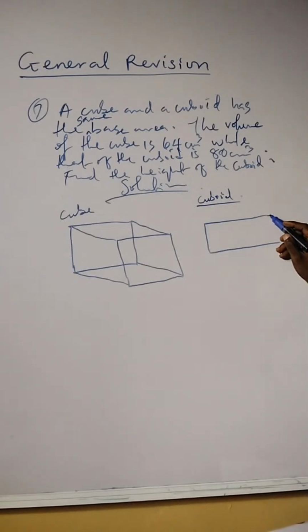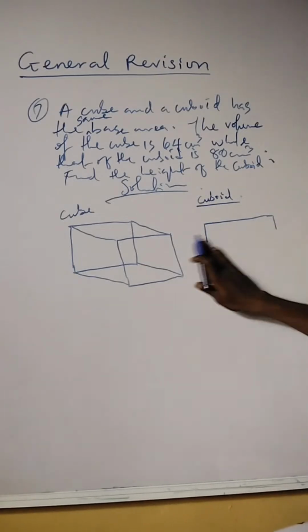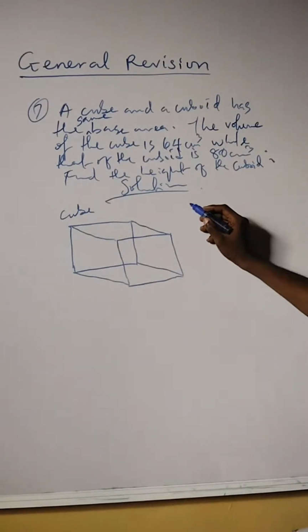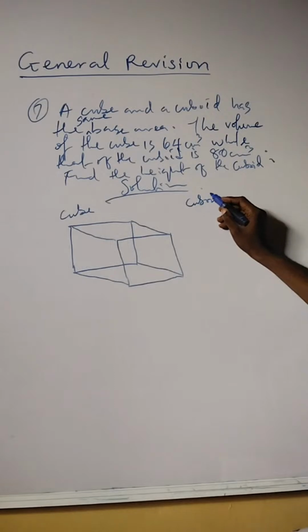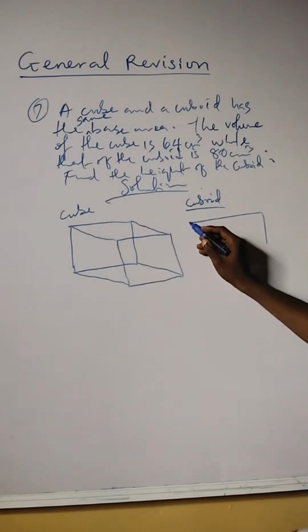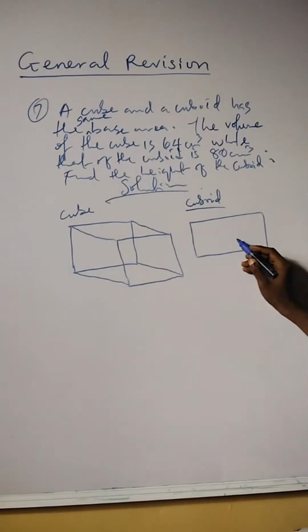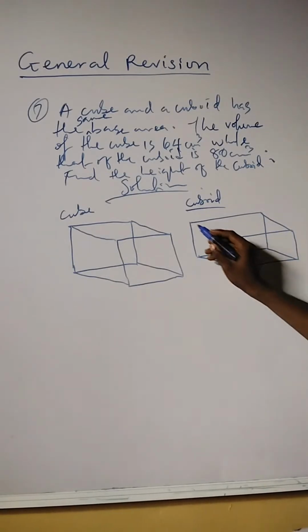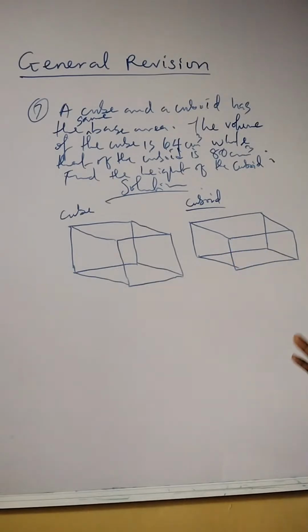And a keyboard, a perfect example at home is your box of matches. Keyboard has each of the faces looking exactly like a rectangle.